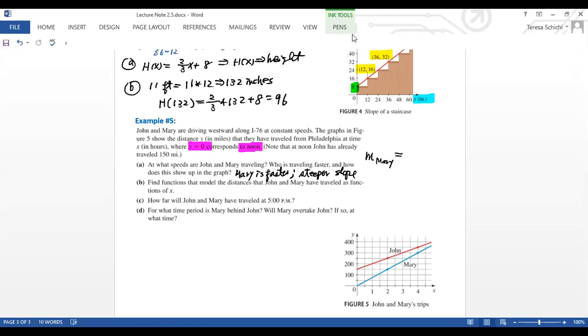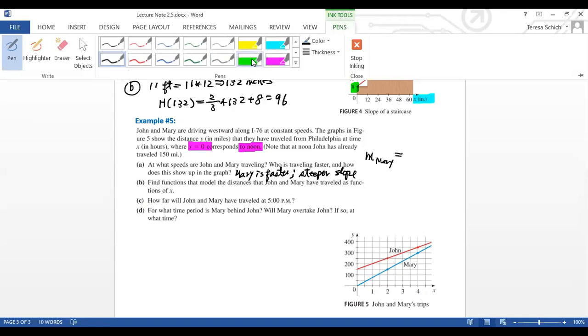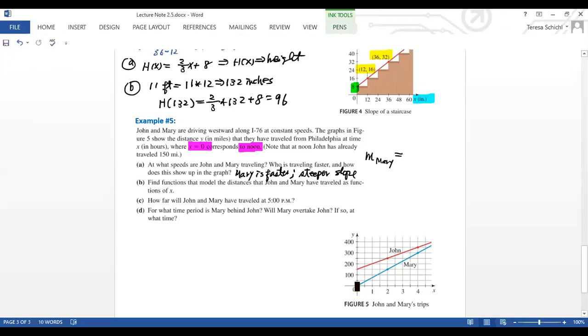We say m, this is for Mary. Let's find the slope using rise over run. Let's pick where my rise and run are. Mary's run is from here to here, which is 2 hours. How much did Mary rise? From 0 to this point, 150.